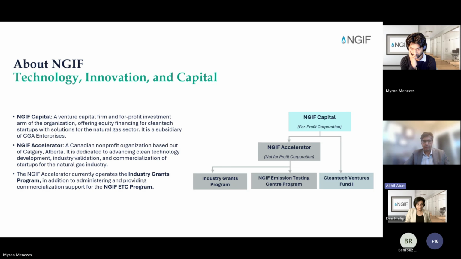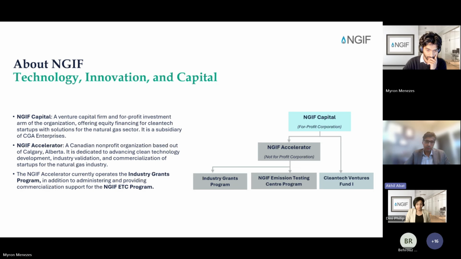We also have a not-for-profit corporation, NGIF Accelerator, that's based out of Calgary. And it is dedicated to advancing clean technology development, industry validation, and commercialization of startups. NGIF Accelerator runs all of our not-for-profit programs.